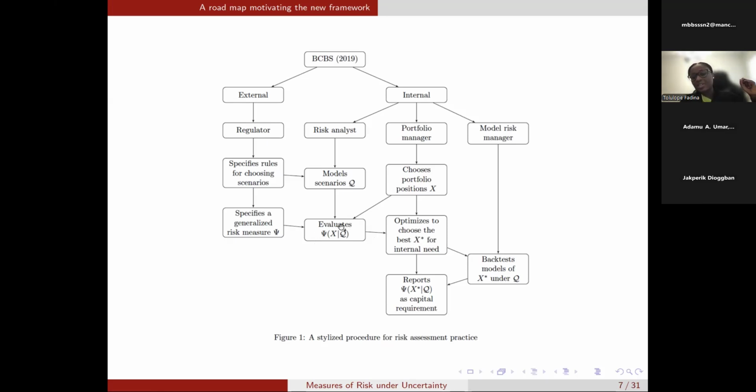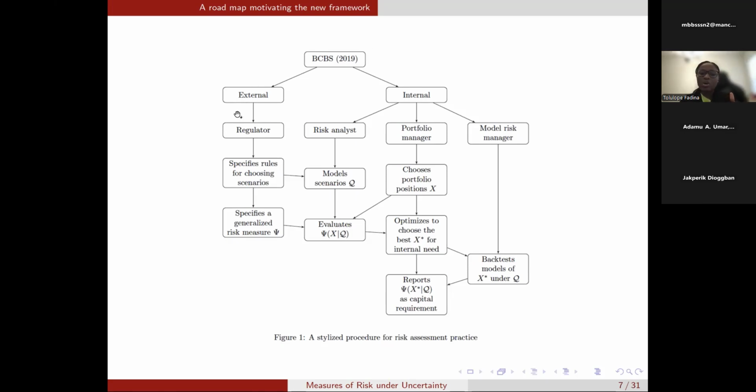After evaluating the risk measure, they will pass the results to the portfolio manager, who then optimizes to choose the best position for internal needs. This will then be given to the model risk manager, who will just backtest models. And then the final result will be reported back to the regulator, which is going to be their risk value here.